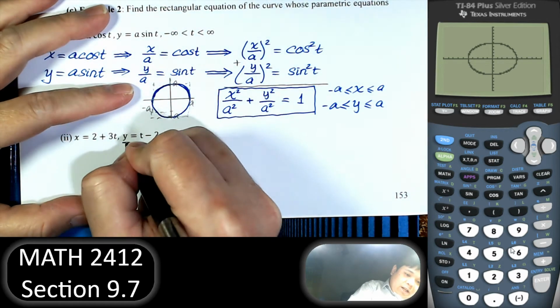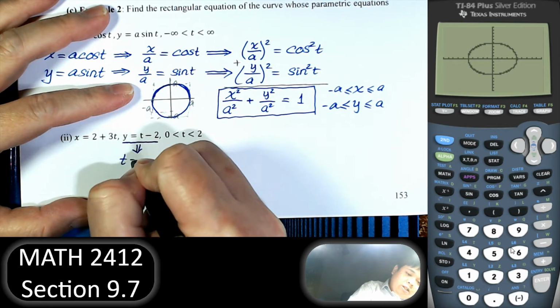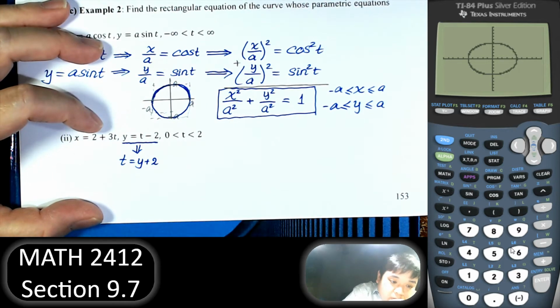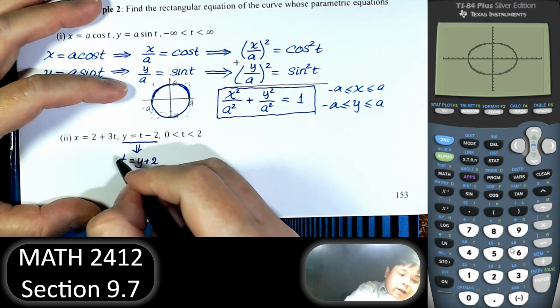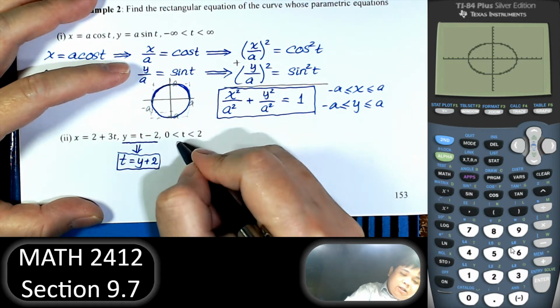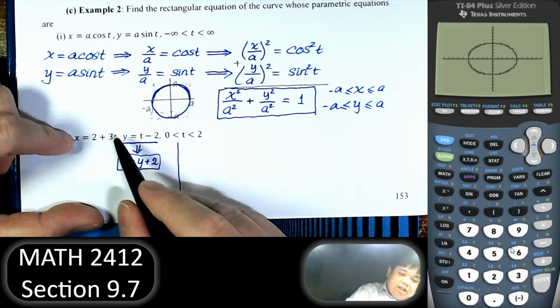So if we take this equation and we solve for t by adding 2 on both sides, then we can substitute into x. t is equal to y plus 2.